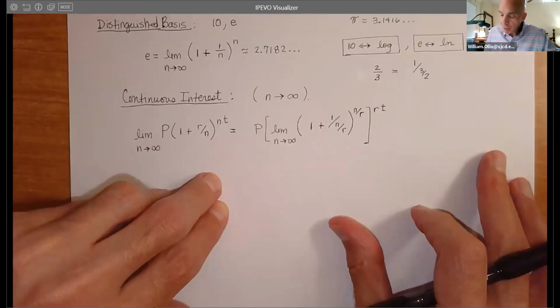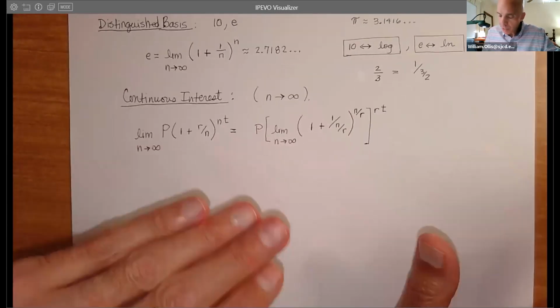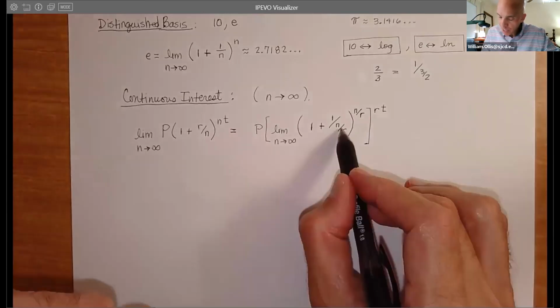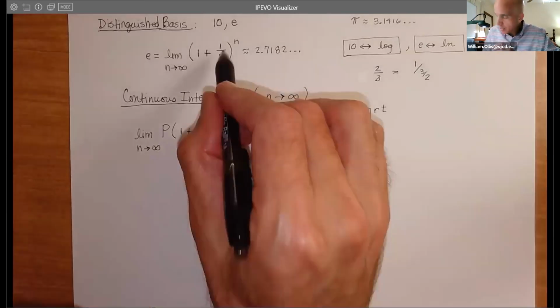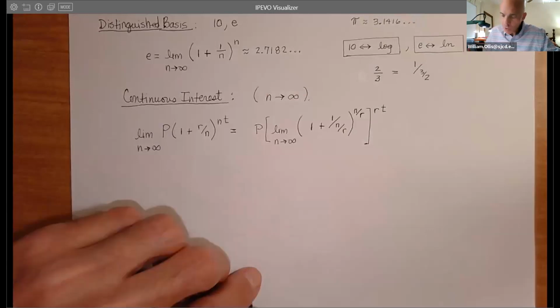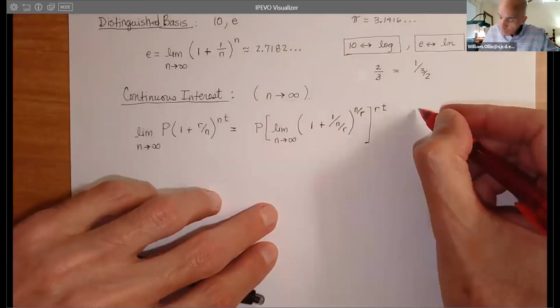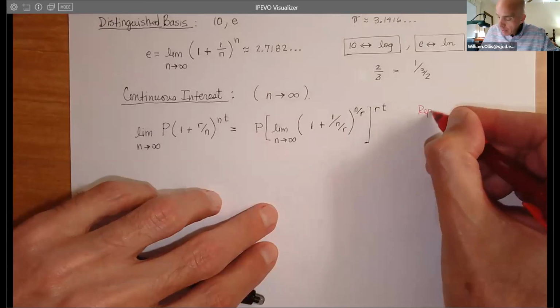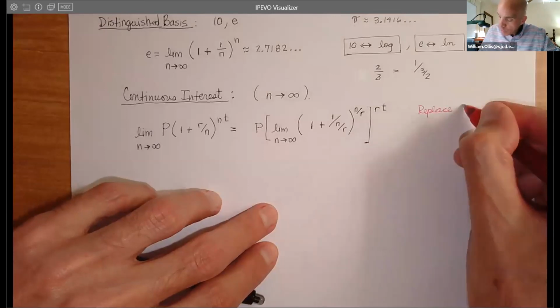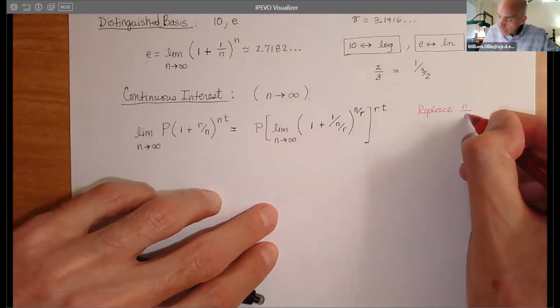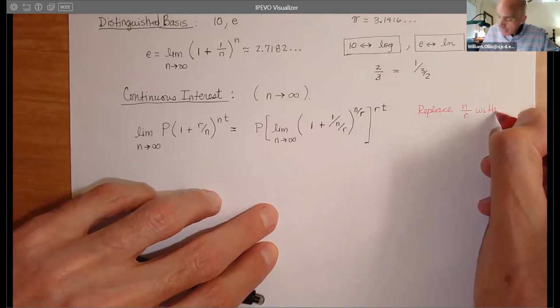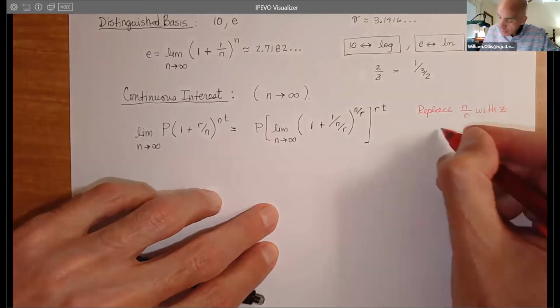Now you're thinking, we're done, right? We are really, because there's the expression we need that looks just like this. But sometimes at the early stages, we can replace n over r with z. That is, z equals n over r.